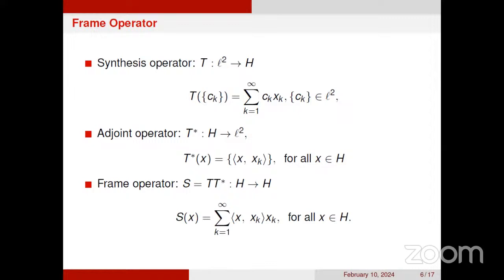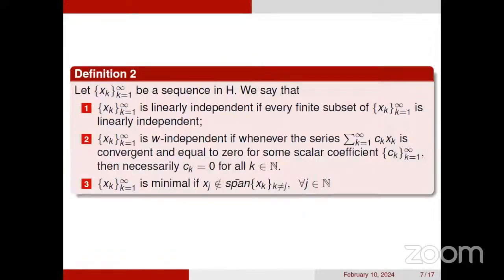The next one is the adjoint operator, which takes an element of Hilbert space H to a sequence of inner products of X with XK for all X belonging to Hilbert space H. With the help of these two operators, we define the frame operator from Hilbert space H to H, which gives the representation of an element of Hilbert space H in terms of the frame XK for all elements X from Hilbert space H. Now the next definition is about the different types of linear independence.